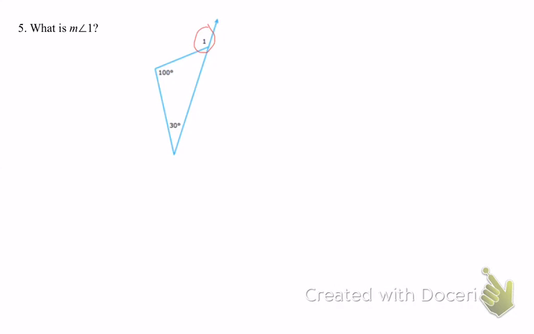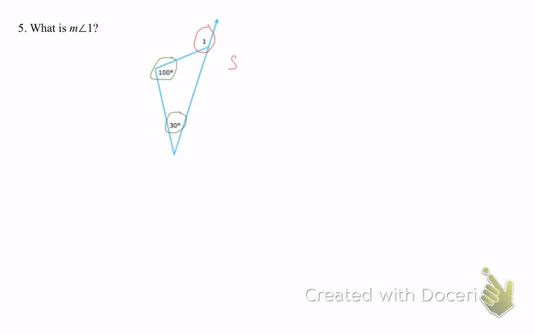So where are remote interior angles? I will put that in green. Okay, so here is one remote interior angle, and here's another one. So what does it say? It says the sum of the remote interior angles equals the exterior angle.